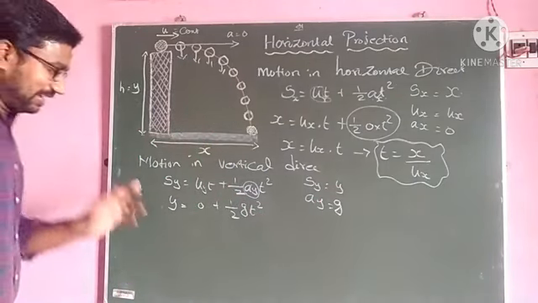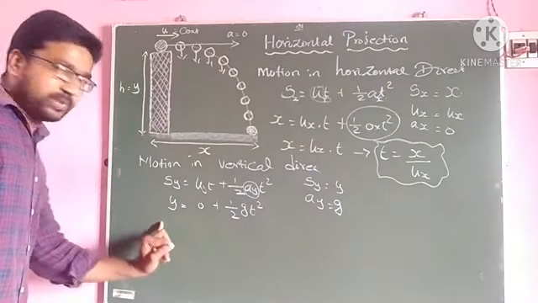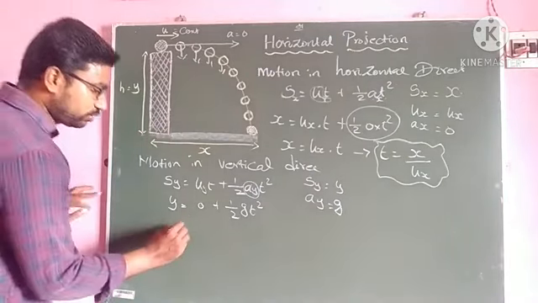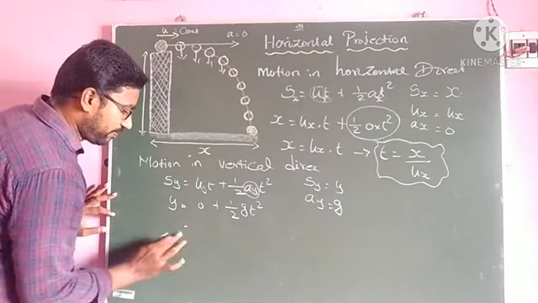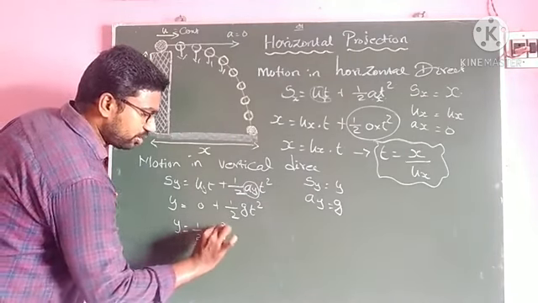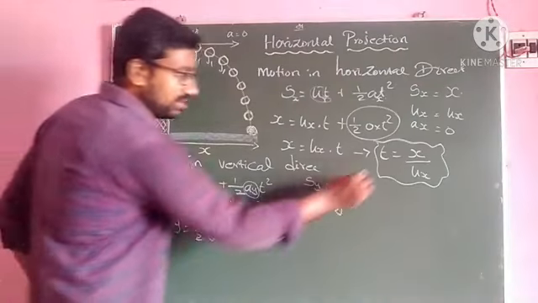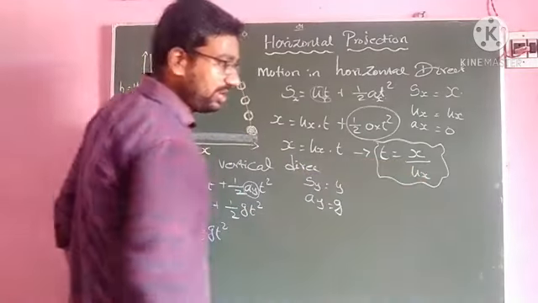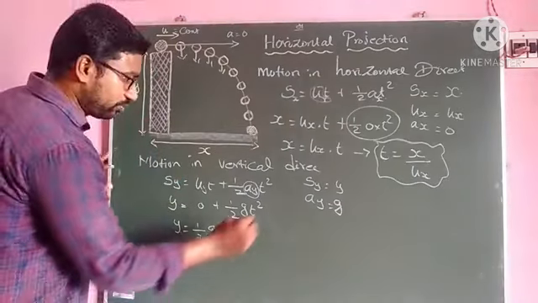Now finally I get the vertical displacement y is equal to 1 by 2 g t square. Do you know the value of time? Yes, t is equal to x by ux. You just substitute the value.